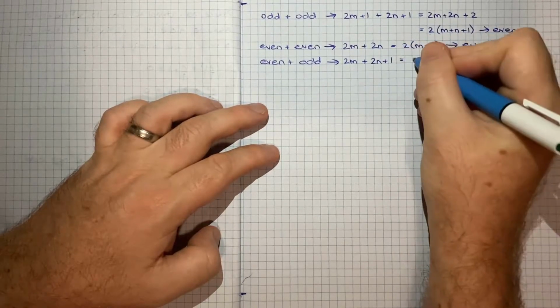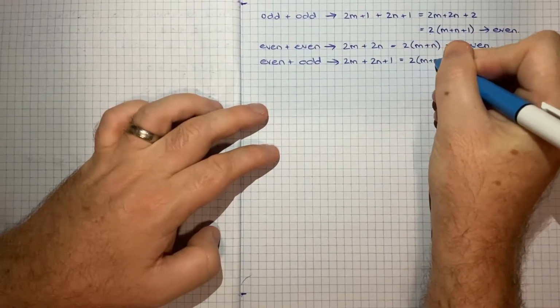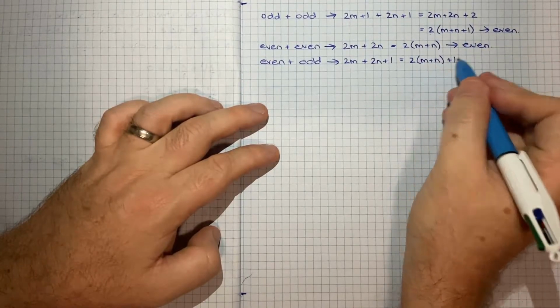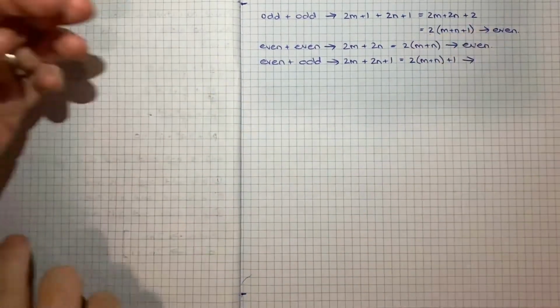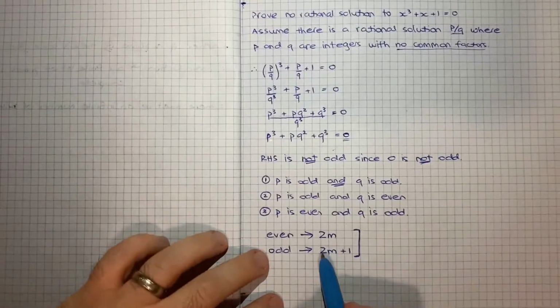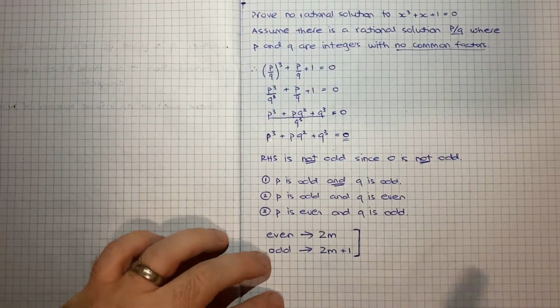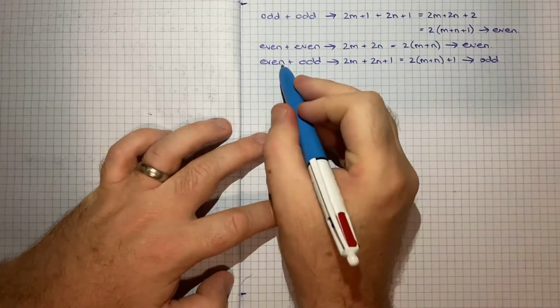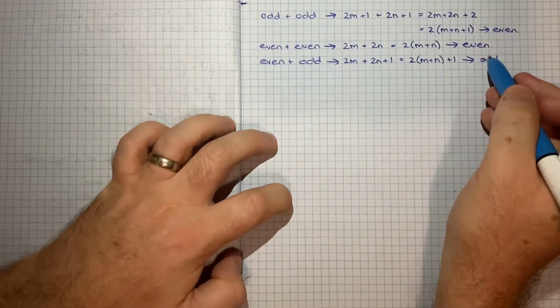So that can be written as 2(m plus n) plus 1, which is 2 times an integer plus 1, and that is the format of an odd number. So an even plus an odd gets you an odd number.